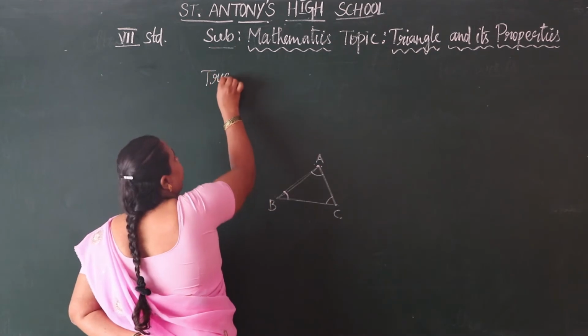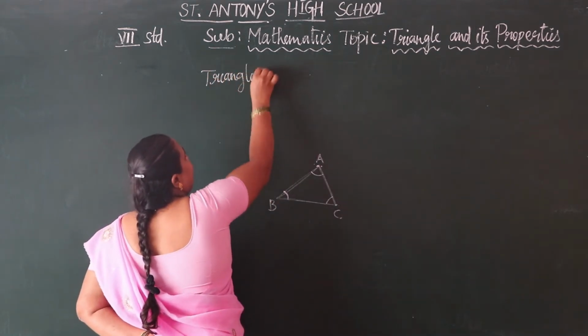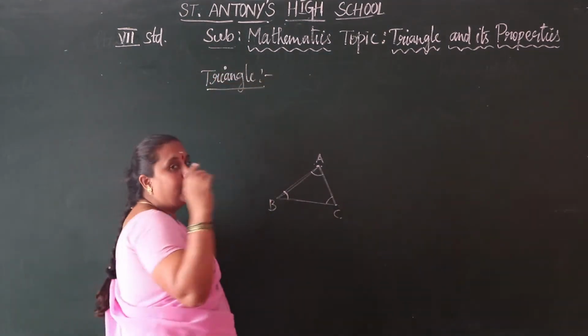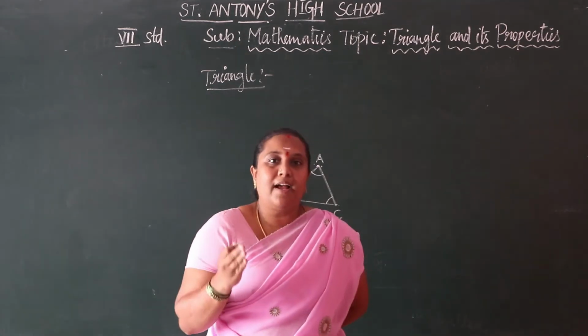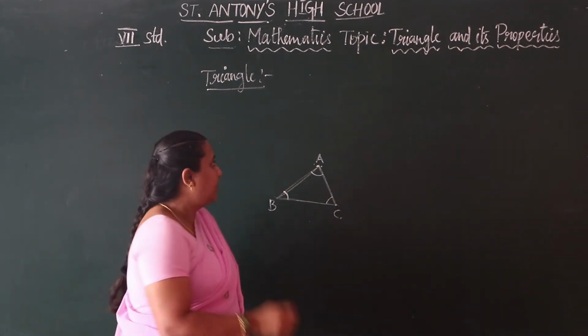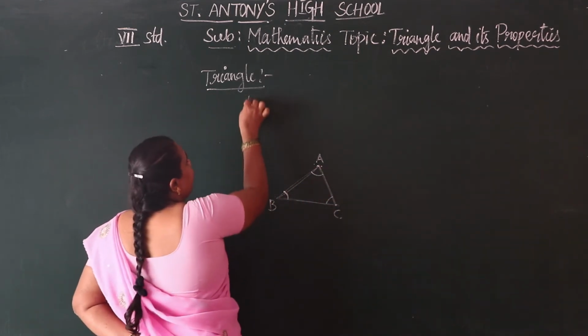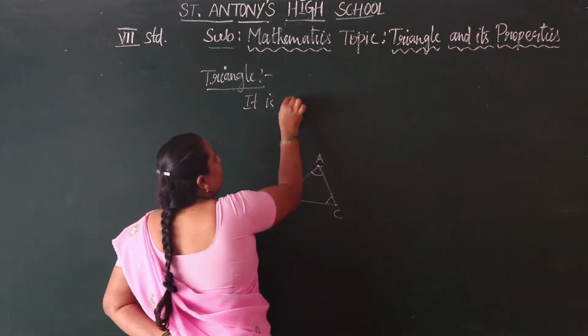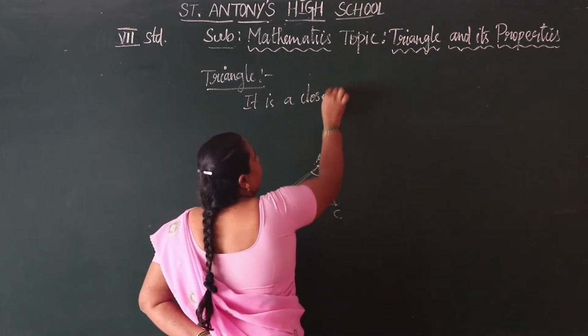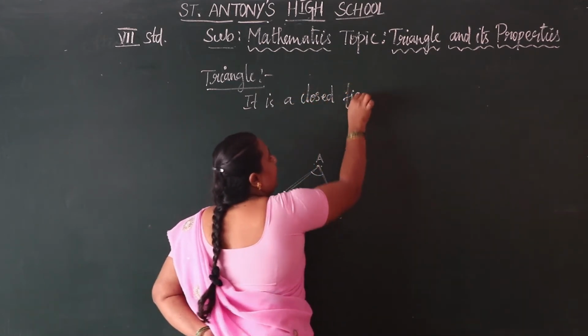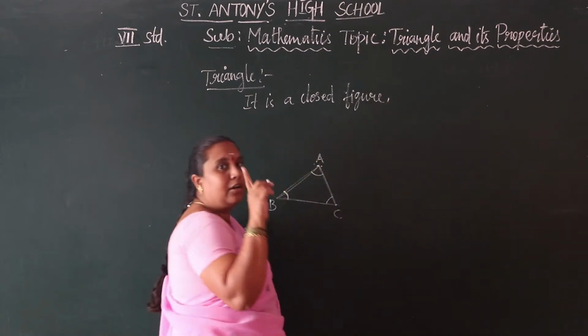The definition of a triangle: you can write it easily without reading and without memorizing. A triangle is a closed figure.